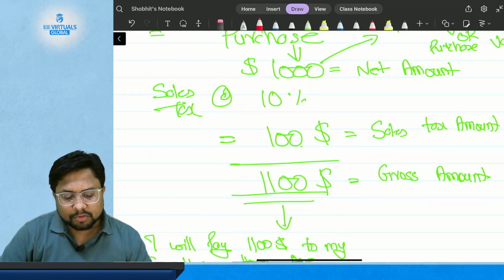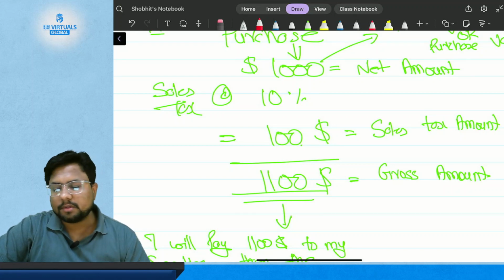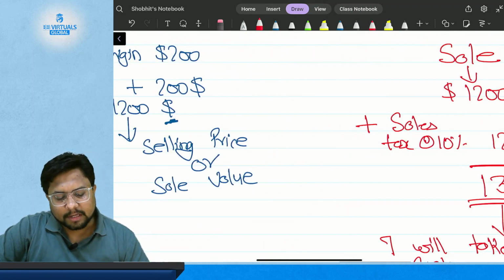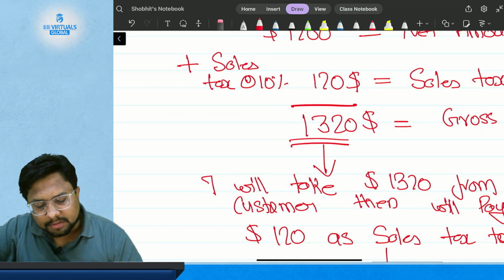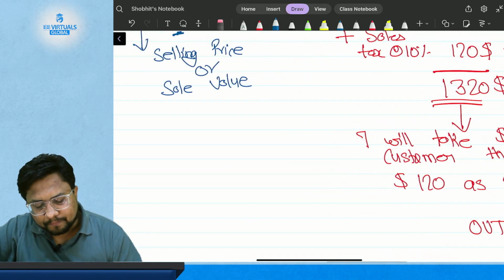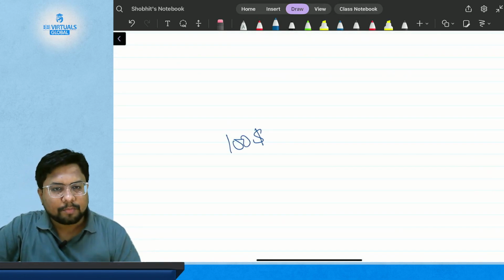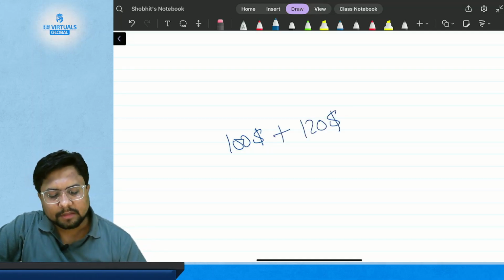First, how much tax has been charged on this? $100. Then again, if you look here, $120 has been charged. First, $100 has been charged when you purchased the goods. Now again, $120 has been charged when you are selling the goods.